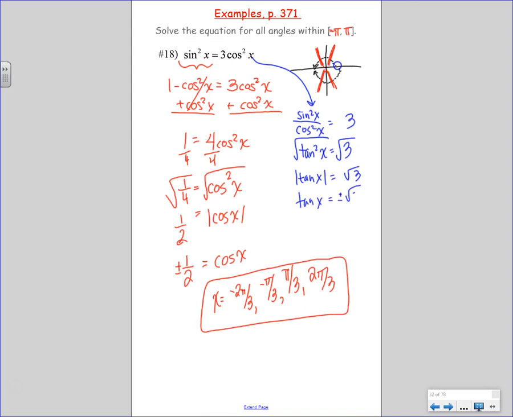Any cheater chart people out there? This is where it's your time to shine. Any cheater chart people? 1, 2, 3, 3, 2, 1, all over 2. Square root of 3 over 3. 1 square root of 3. 60 degrees. Good.